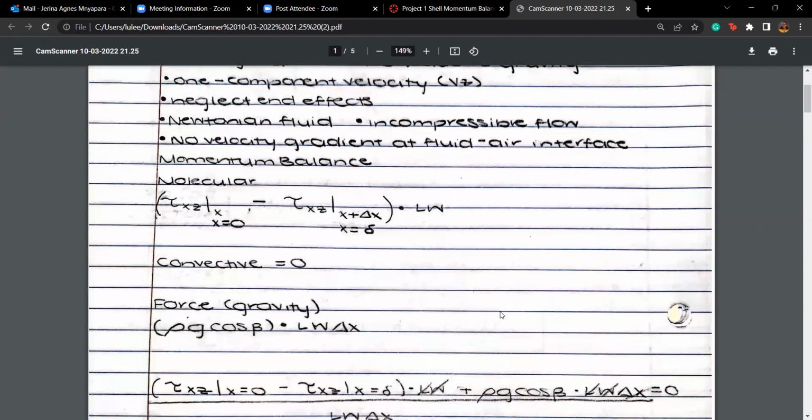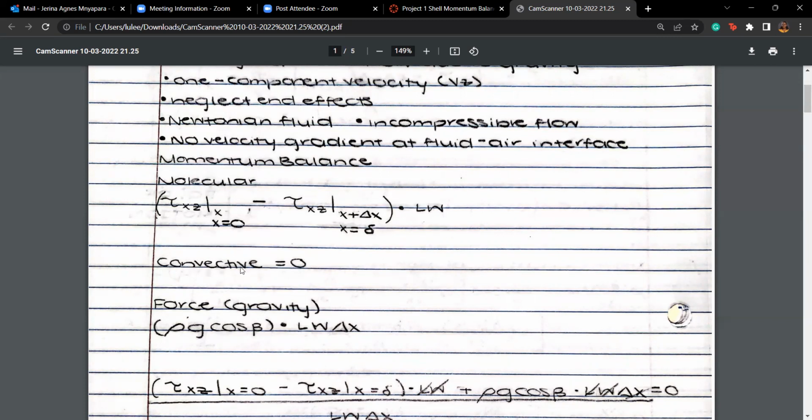So we have the momentum balance. Our momentum balance is rate of momentum in minus rate of momentum out plus the sum of forces, which is equal to 0. Here our molecular transport will be tau at x, where the fluid is flowing in the z direction, minus tau at x plus delta x, times the area, which is the length times the width.